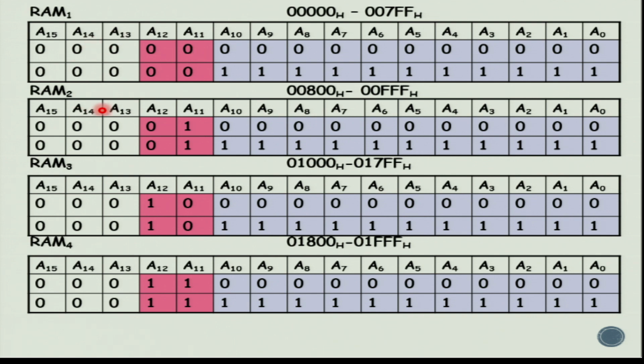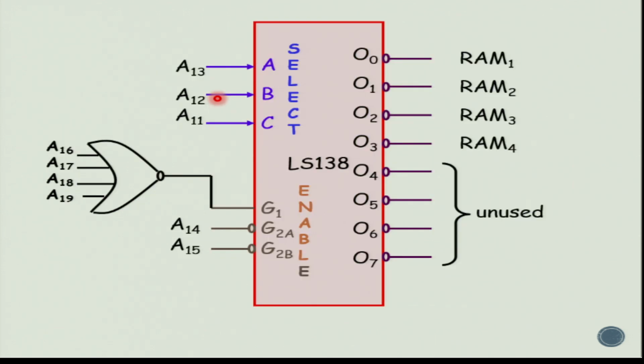You can see that A13 is constantly going to remain 0, whereas A11 and A12 are going to vary according to the RAM chip. So if the address happens to be within the range 0000 to 07FF, then A11 and A12 both are going to be 0, and A13 will also be 0.